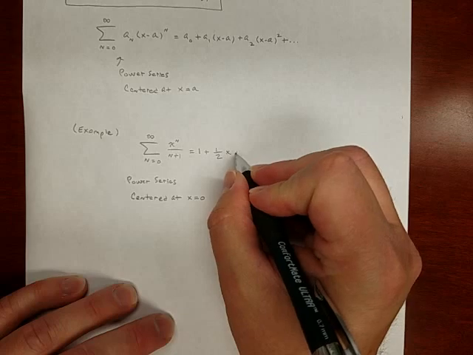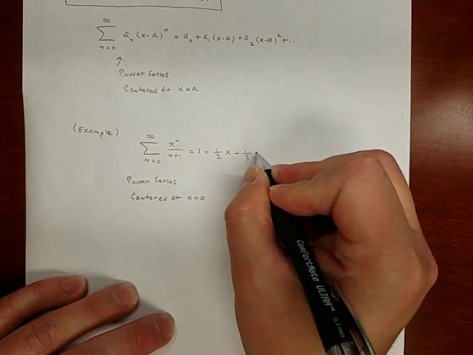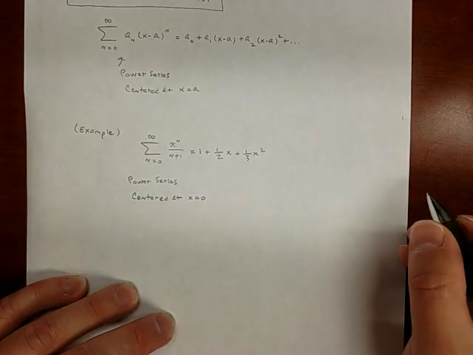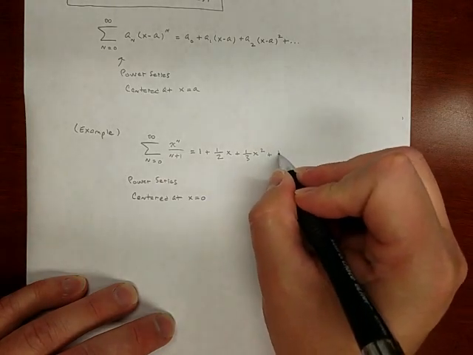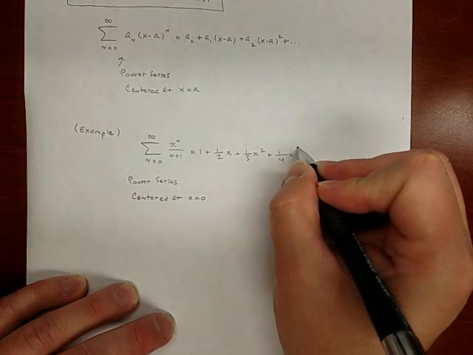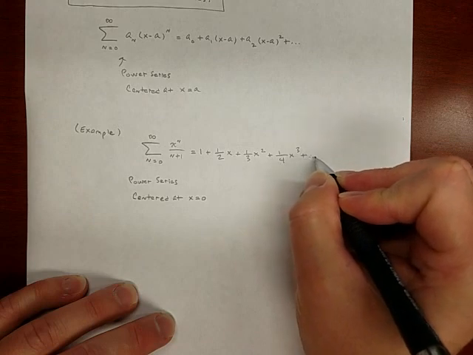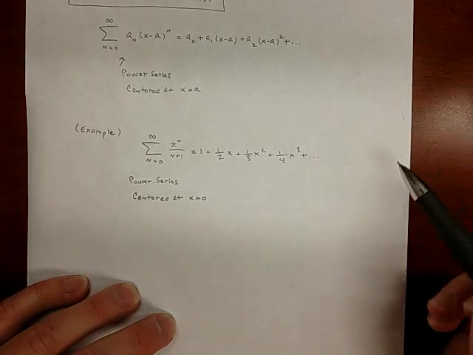And then I'll get 1/3 x squared, and then I'll get 1/4 x to the third power, and you get the idea. So that's what this one would be.